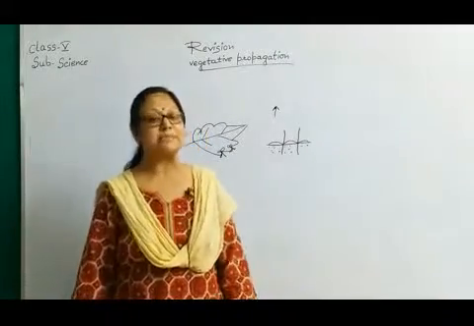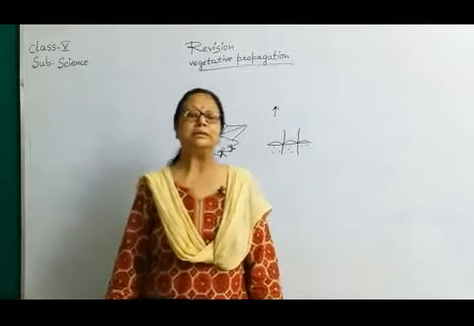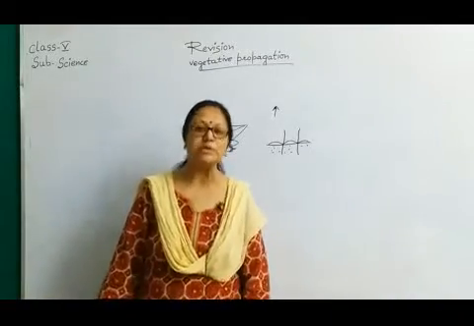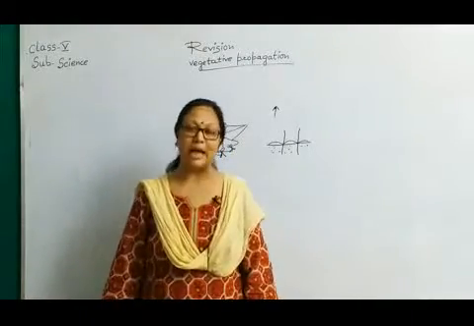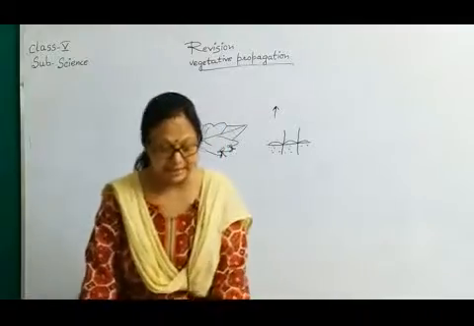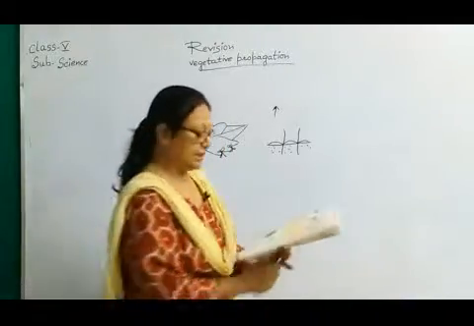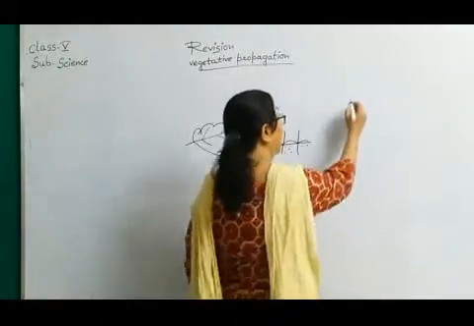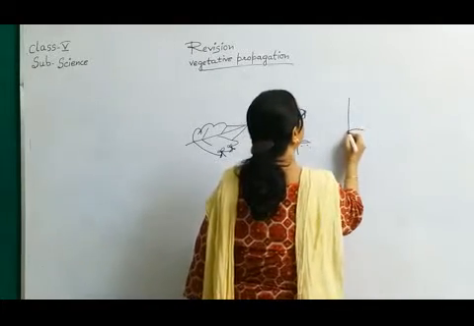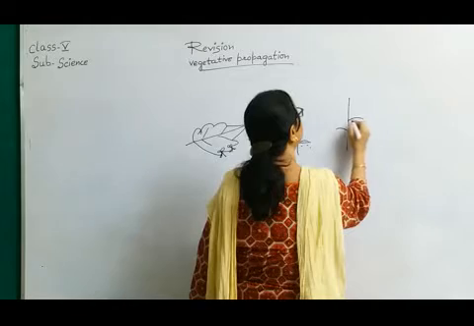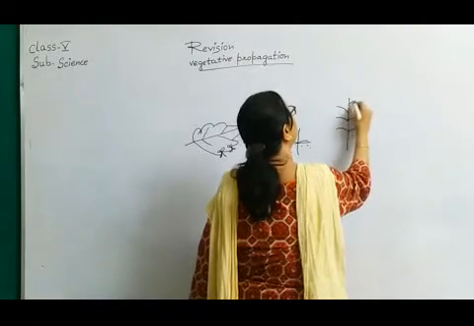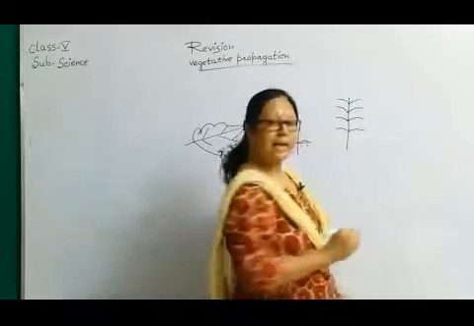So there is a special kind of structure called spores, and these spores are capable of growing new plants. When we see the leaf of the fern, it is actually a compound leaf, and the whole leaf is divided into so many leaflets.